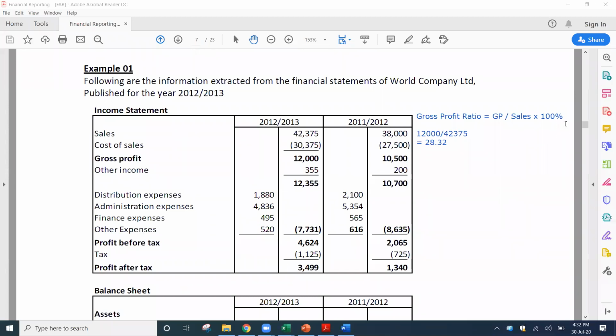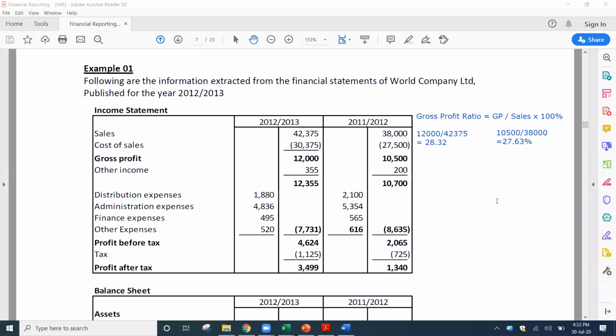And if you calculate 2011-12, the gross profit is 10,500. Divide by 38,000 into 100%. So if you calculate the answer, 10,500 divided by 38,000, 27.63%.